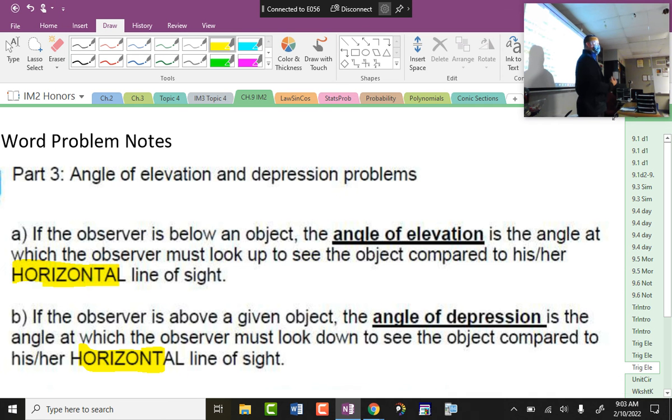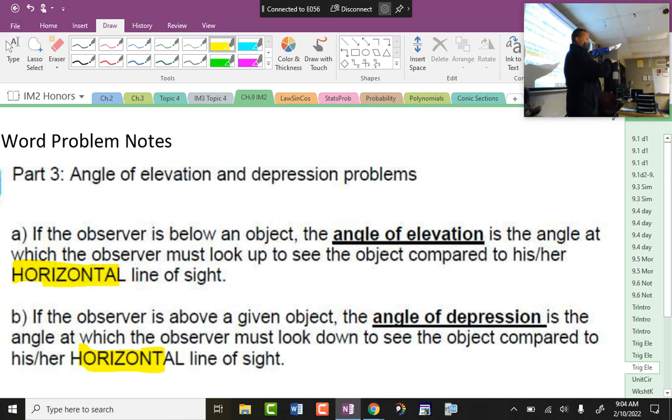So angle of elevation. To elevate means to go what? 3, 2, 1, go up. So I look up, but how many sides is this? It's a simple question. Just one. Does that make an angle? Yes or no? No, you can't just have one side. So I need a second side.